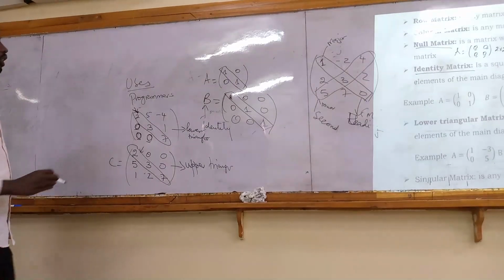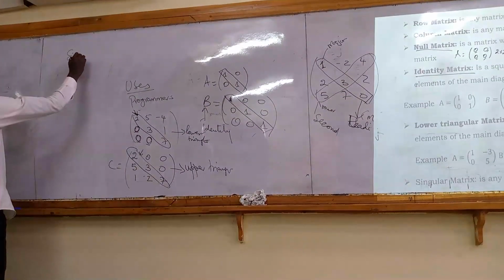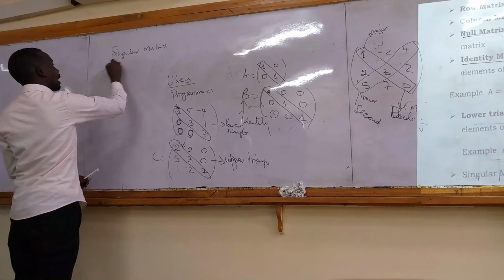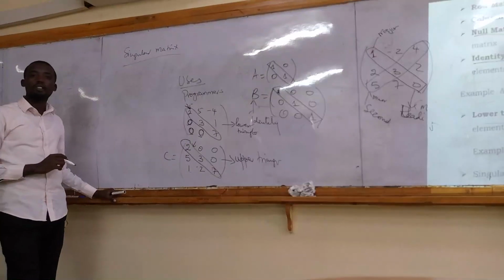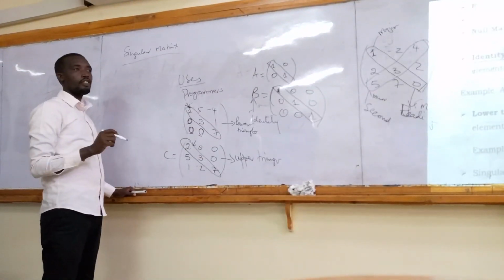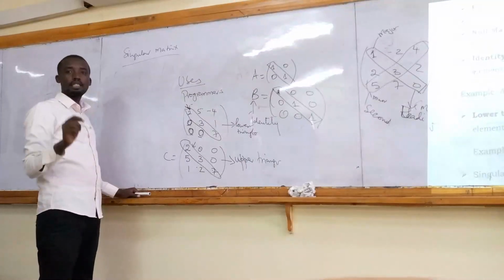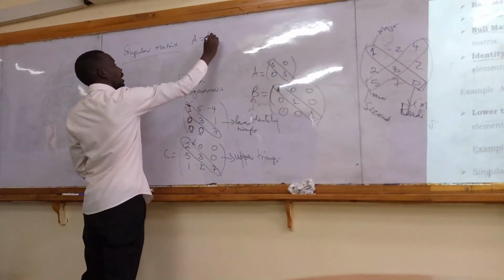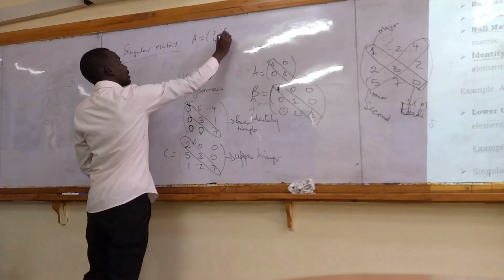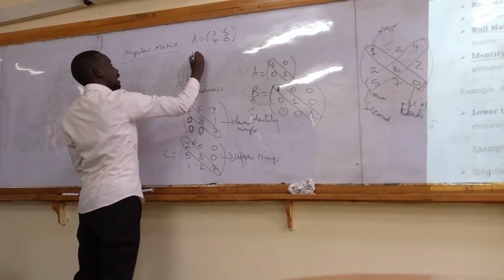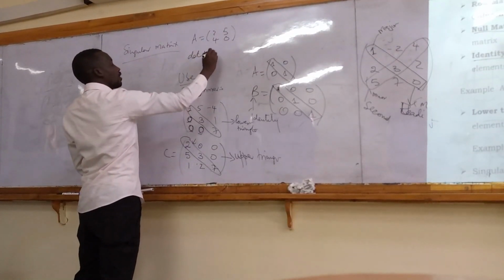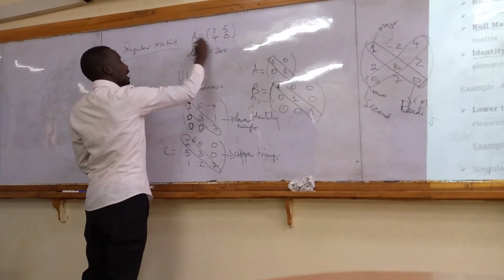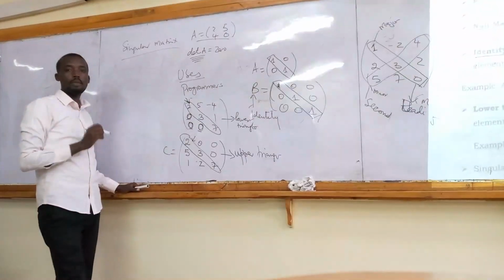So we have what we call a singular matrix. A matrix is said to be a singular matrix if and only if the determinant of that matrix is equal to 0. When we have a matrix A, 2, 4, 5, 6, and you find the determinant of matrix A and you find that it is 0, we call that matrix a singular matrix.